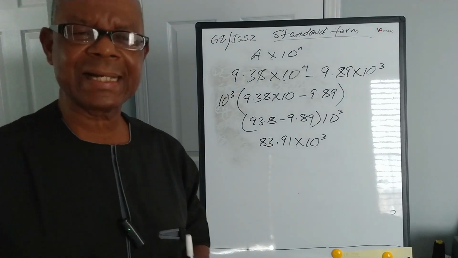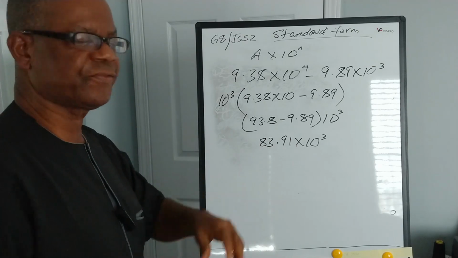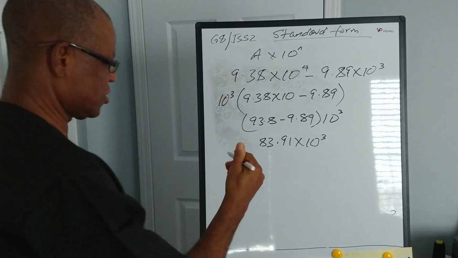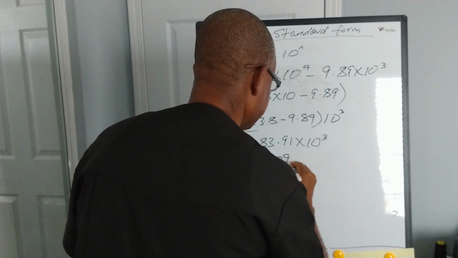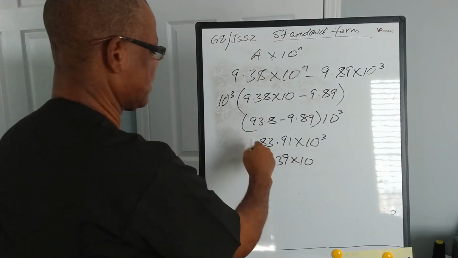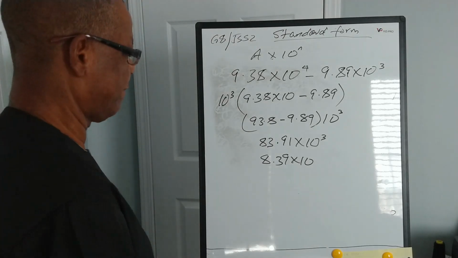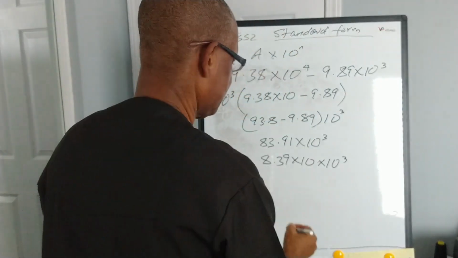And remember, we expected to express our answer in standard form. It's not yet a standard form because we have 2 digits before the decimal point. So this will give us 8.391 times 10. This times it will give us 83.91 times the 10 raised to power 3.